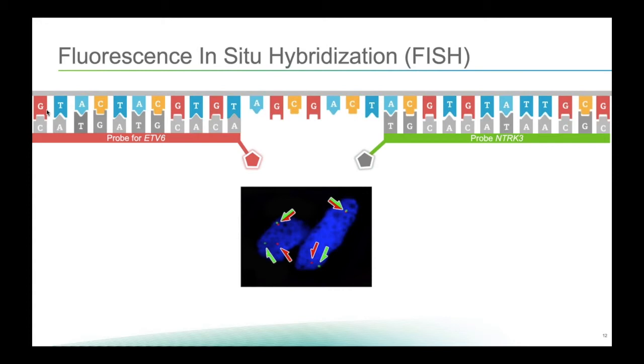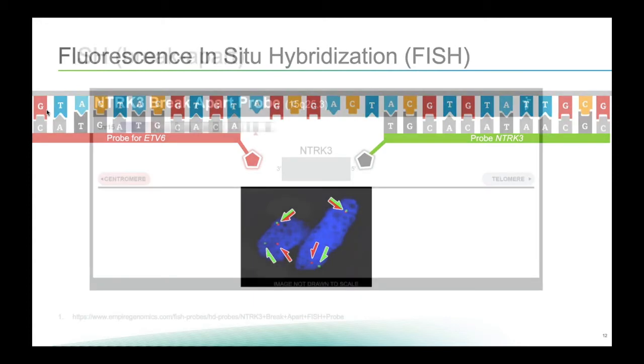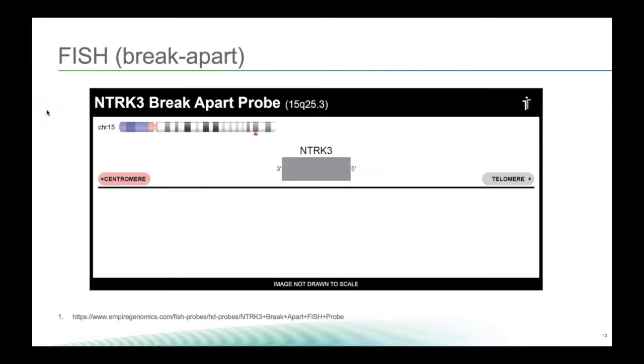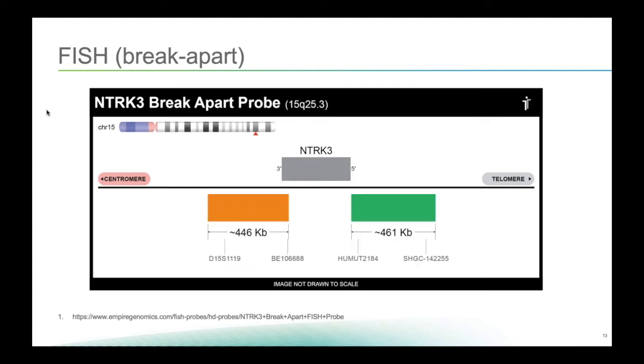Luckily enough, there is a concept called break-apart probes. Basically, we don't care about the other partner B. We only care about NTRK3, NTRK2, NTRK1. So what we will do is we will put probes on both sides of NTRK3. And if the signals, the green and the orange, are always together, we know NTRK3 is intact and there is no breaking or translocation.